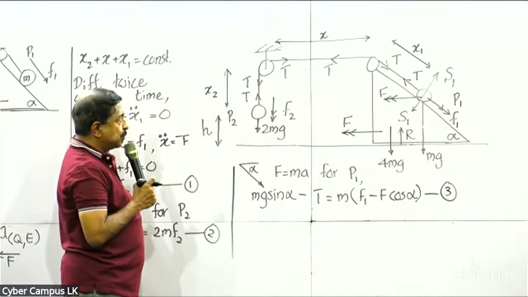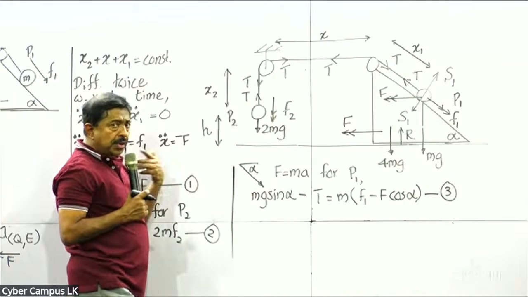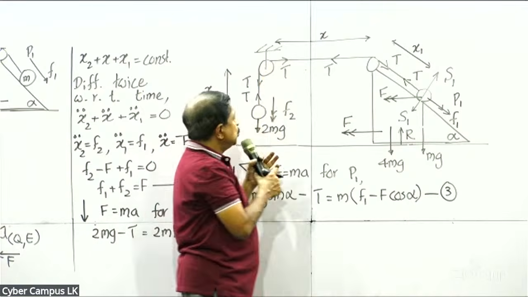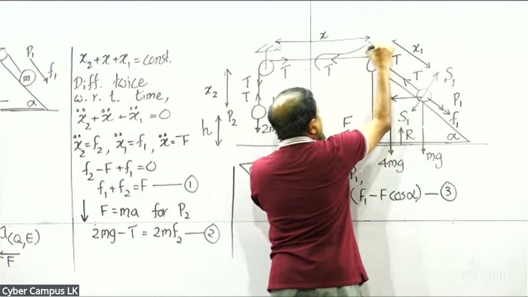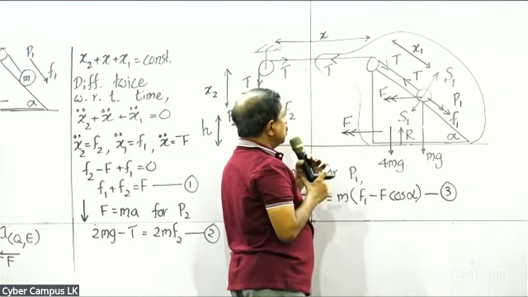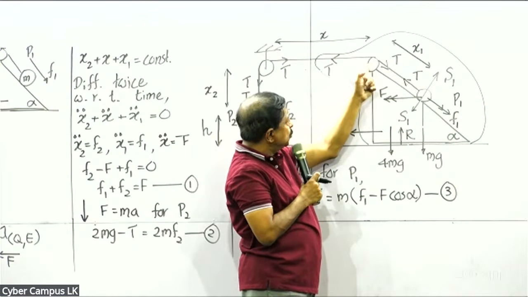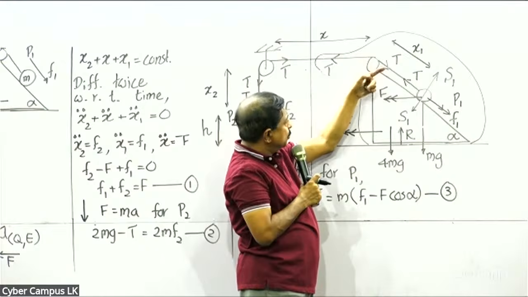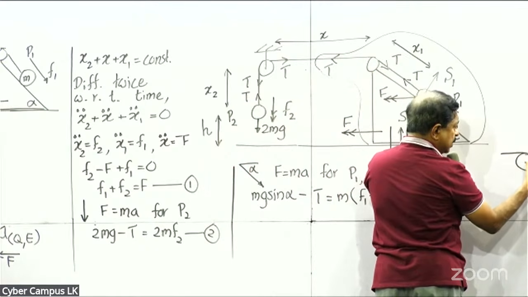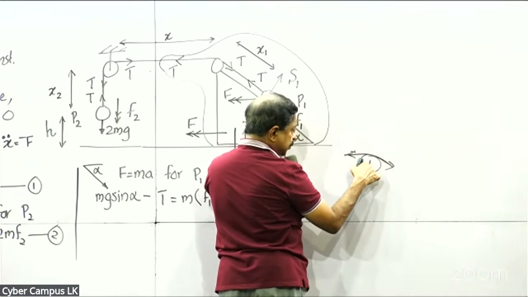We need one more, so we have to apply an equation for the system. Now it's hard to define the system because this is not involved in the system, so you can take a piece like this. If you just take the pulley itself, there are two tensions here, and there will be a force acting on it.